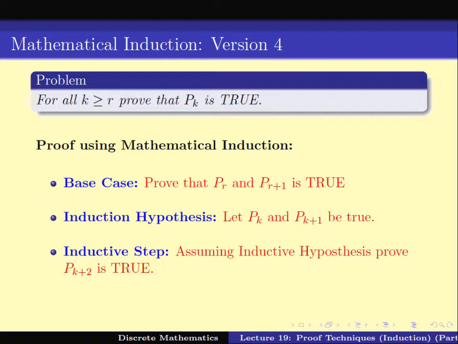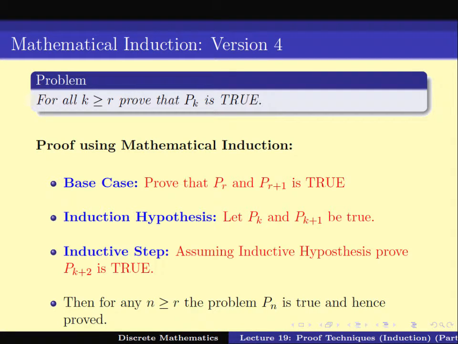Again, the reason is that there are problems, as we saw in the last video lecture, where proving that pk plus 2 is true requires us to assume something about both pk and pk plus 1 being true. So there are problems where this particular inductive step is easy to prove, and then accordingly you choose the correct version of mathematical induction.